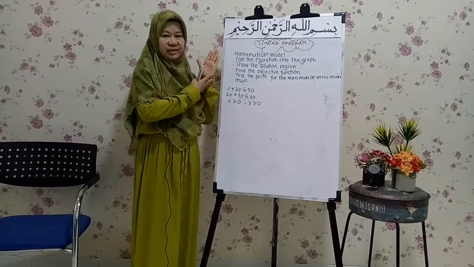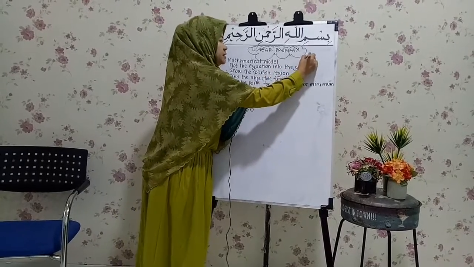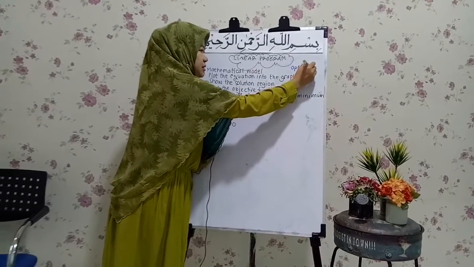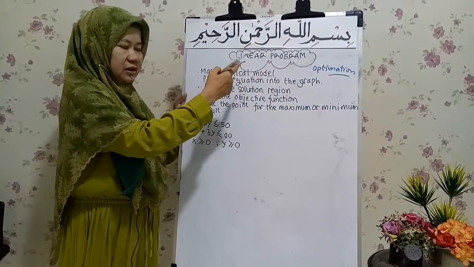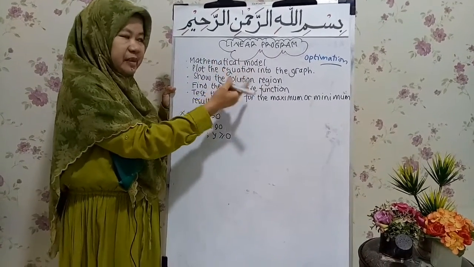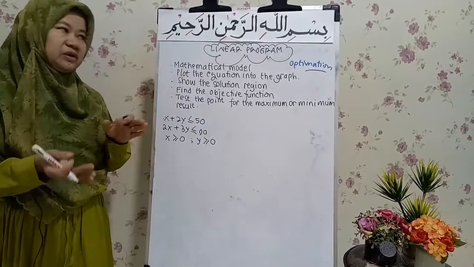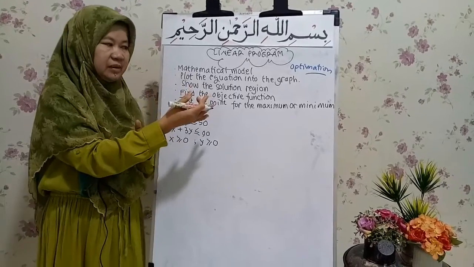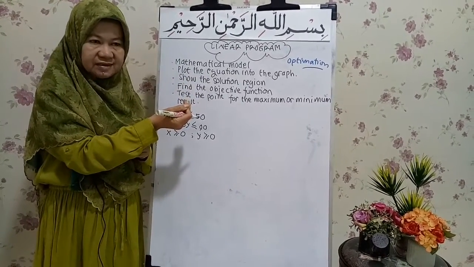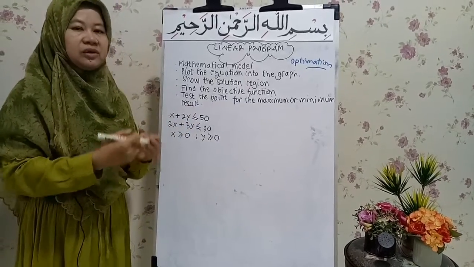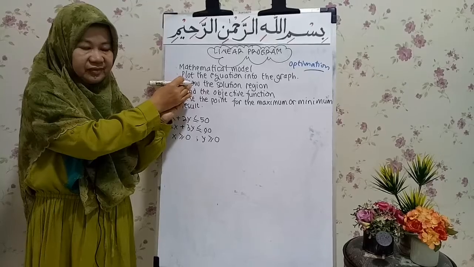We're learning about linear programming, or sometimes people call it optimization, because we will learn about optimizing something. If you want to learn about linear programming, we have to know the mathematical model. So we have to express the word problem into mathematical models.